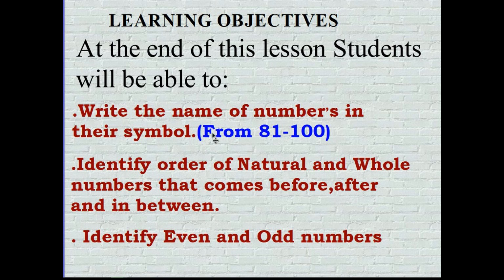You are going to identify the order of natural and whole numbers, which numbers come before, which numbers come after and in between. And finally, we identify even and odd numbers. What do even and odd mean?